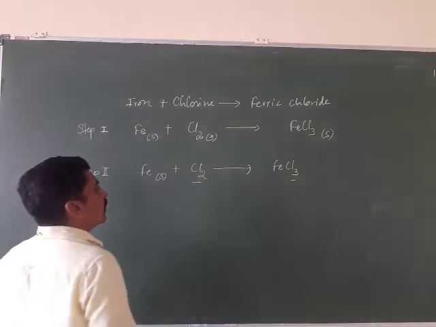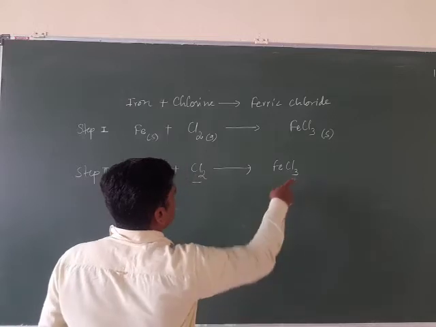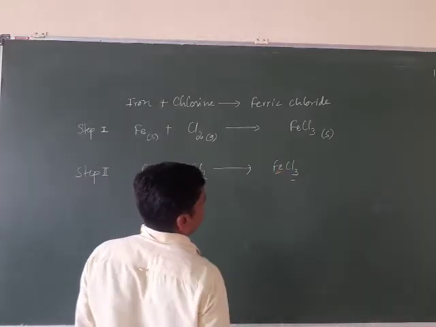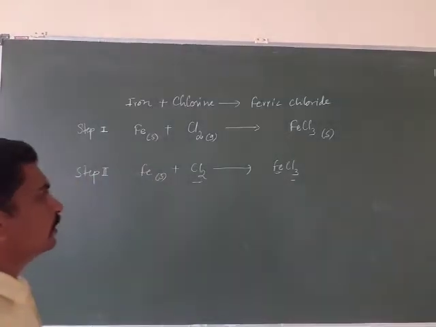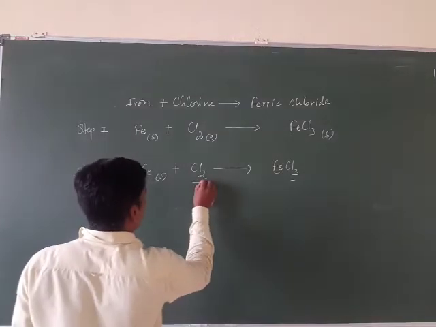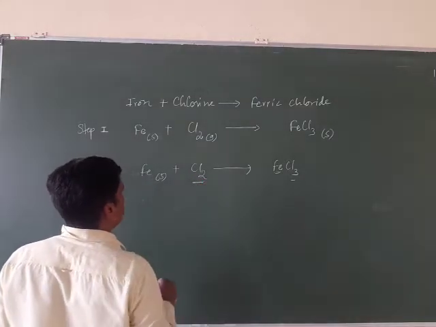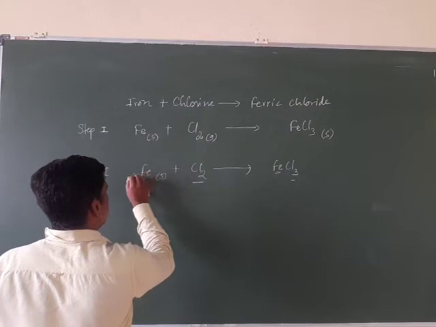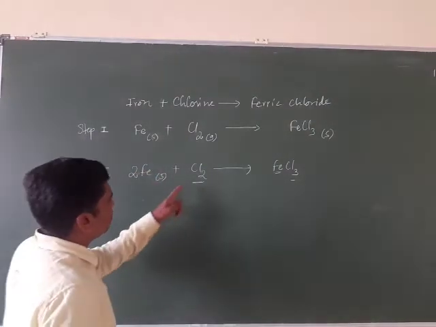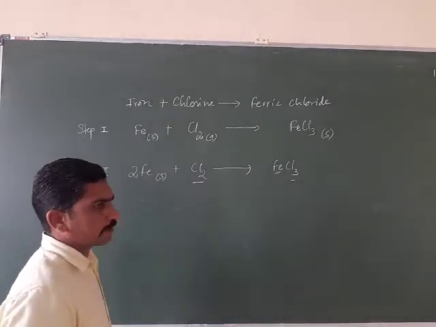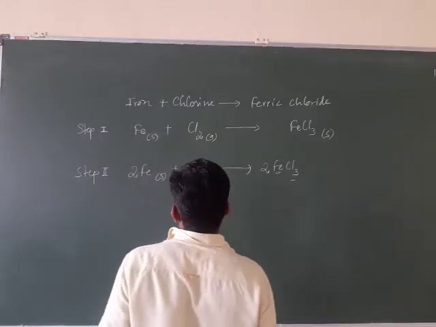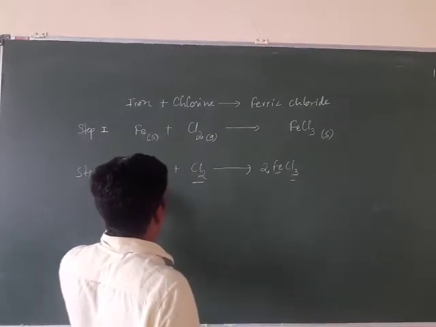Here we require 3 chlorine atoms for each Fe atom, and we have only 2 in a single molecule of chlorine. So if we increase the number of iron, we have a chance to fix this. First we will increase the Fe to 2.